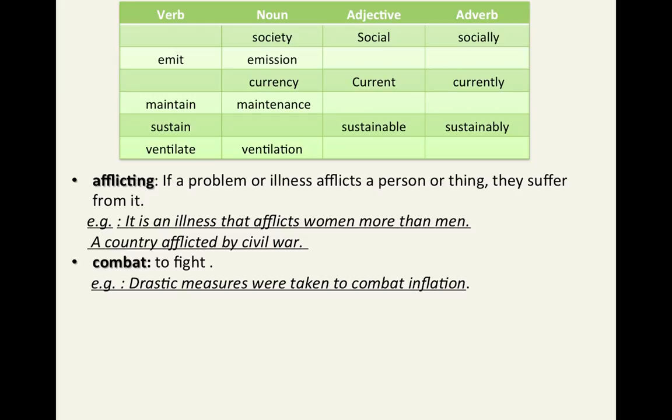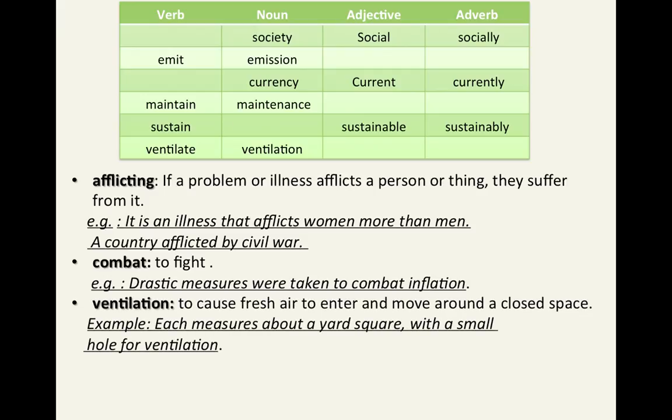All right, and then ventilation. You see the verb in the form, right? And ventilation is a noun, right? To cause fresh air to enter and move around in a closed space, all right? Traditionally, the buildings we are living in or working in right now are closed spaces, and the air is not flowing in a good way.